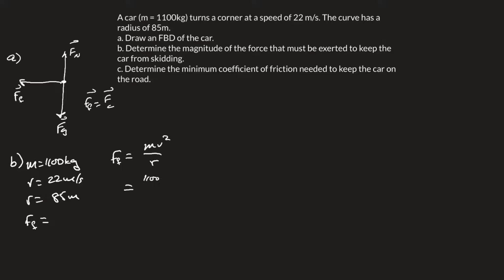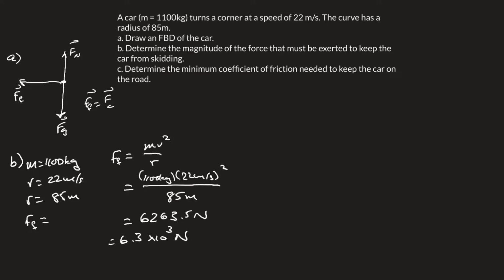That is 1100 kilograms times 22 meters per second squared, divided by the radius, 85 meters. This leaves us with 6,263.5 newtons. If we go to two significant figures, the force required to keep the car on the road is 6.3 times 10 to the 3 newtons.